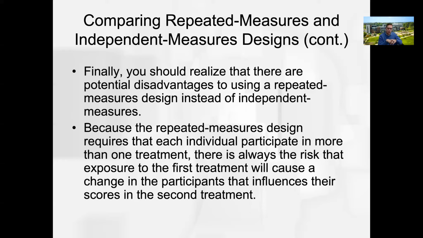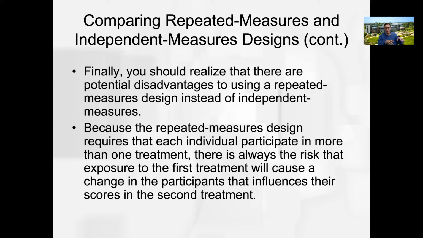If I know that somebody is testing a memory drug, right, to help my performance in school, and the first treatment I get is just the control, I have to take a memory test, and then I get that memory drug. If I then decide, okay, well, they're obviously testing the effectiveness of this memory drug, maybe I just try harder, right? Because I want to play into whatever the purpose of that research is.